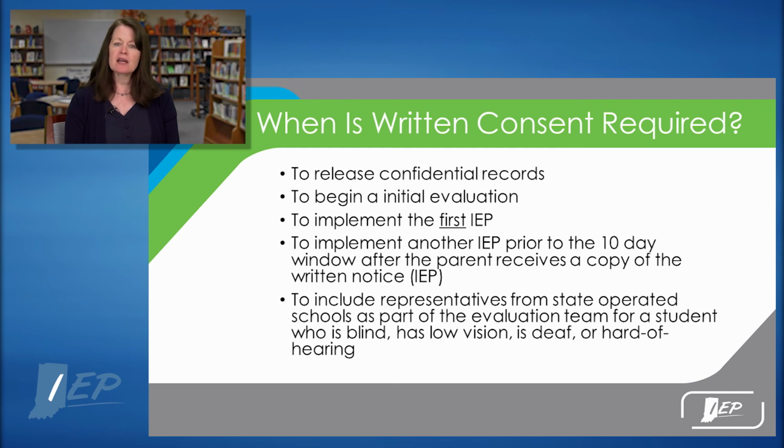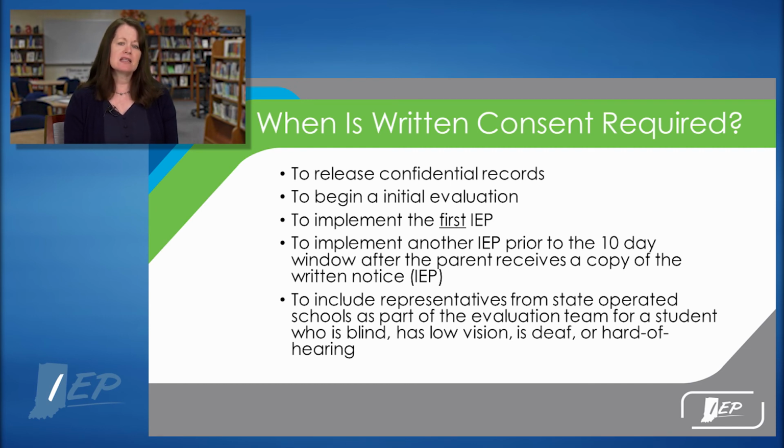Now, after the parent has consented for an IEP to be put in place, any IEPs after that have a little bit different rules. We can get a signature from a parent in order to implement an IEP right away or sooner than a 10-day window after they've gotten a copy of the IEP.